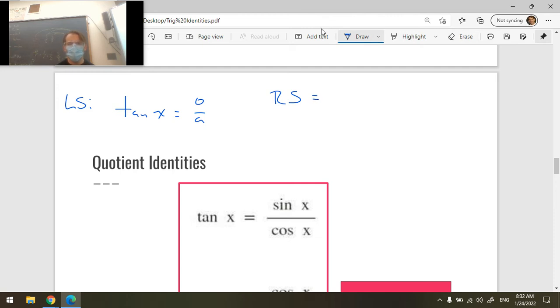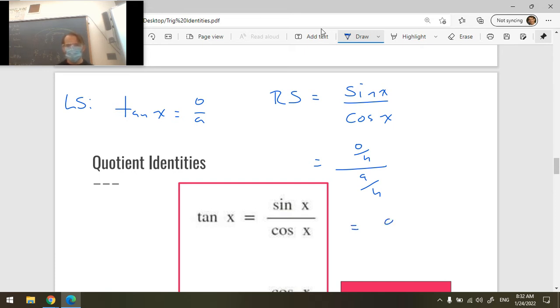The right side is equal to sine theta, sine x, over cosine x. Now let's write that out as opposites and adjacents and hypotenuses. Sine x was opposite over hypotenuse, and cosine x was adjacent over hypotenuse. Now when we divide by a fraction, we just need to flip and multiply.